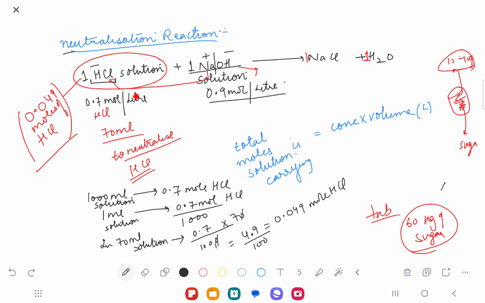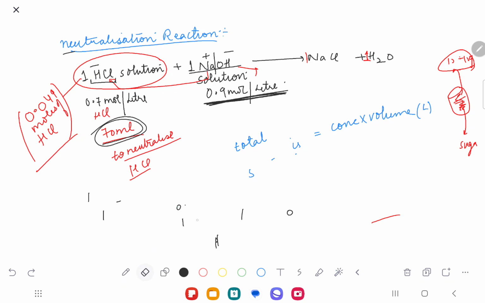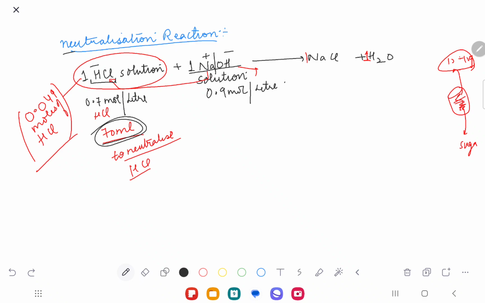Now my question to you is, how many liters of NaOH would you require to neutralize this solution, 70 ml HCl? So here, if we have 0.9 moles per liter, what does that mean?